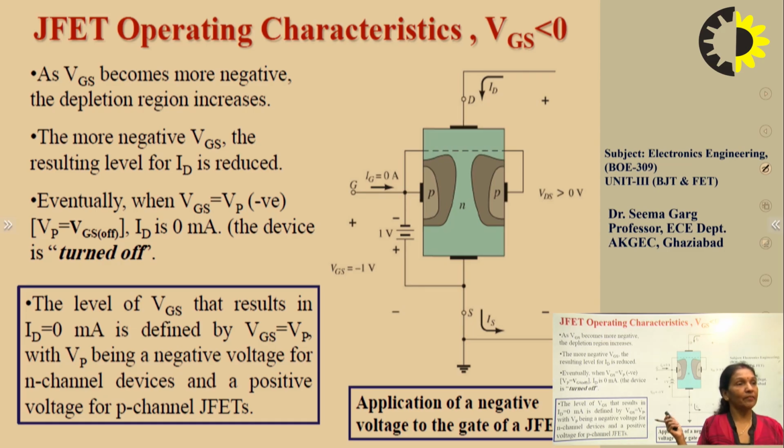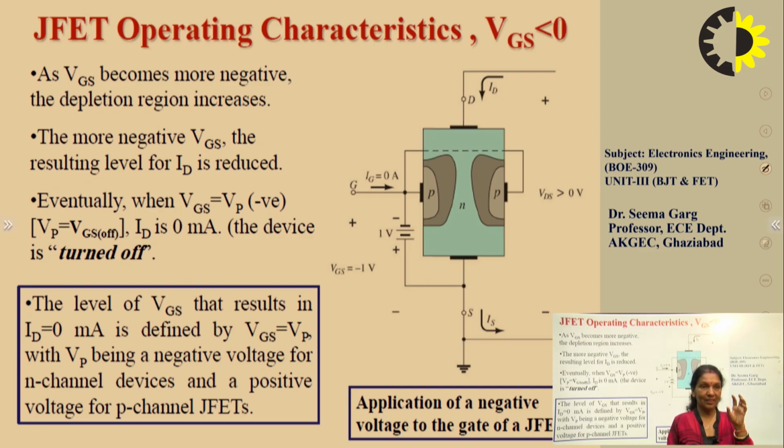That is, when VGS is equal to VP, which is VGS off, then ID will be equal to 0, and at that point of time, your device will be turned off. So the level of the VGS that results in 0 current is defined by the value VGS equal to VP, with VP being a negative voltage for the N channel device and positive for the P channel device.